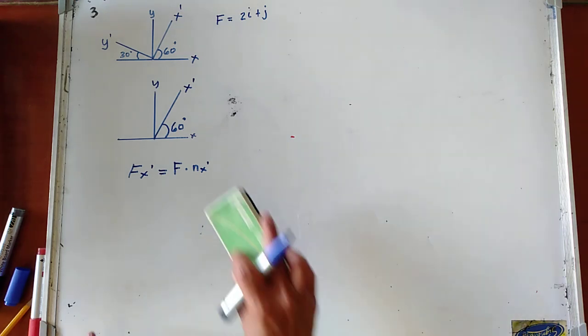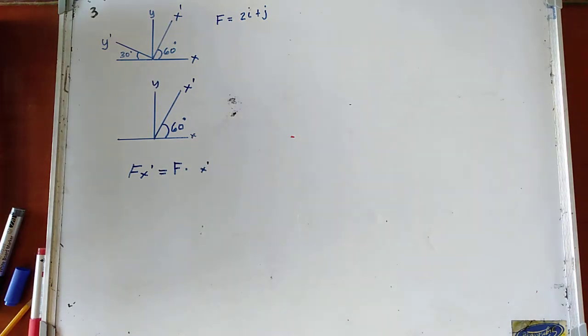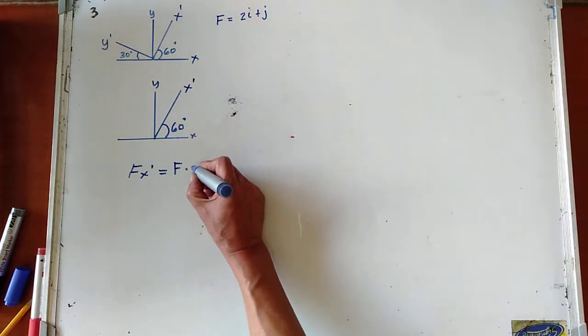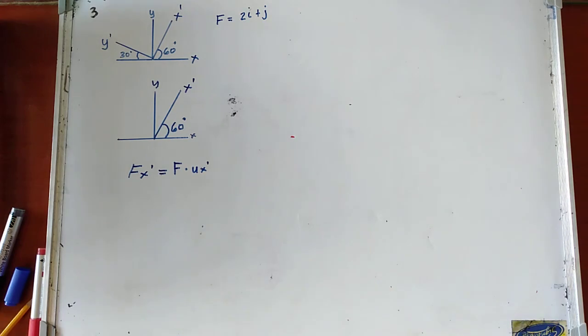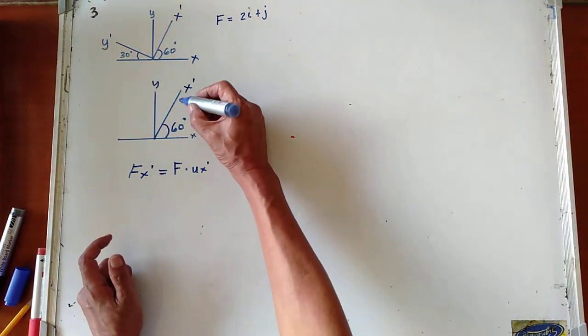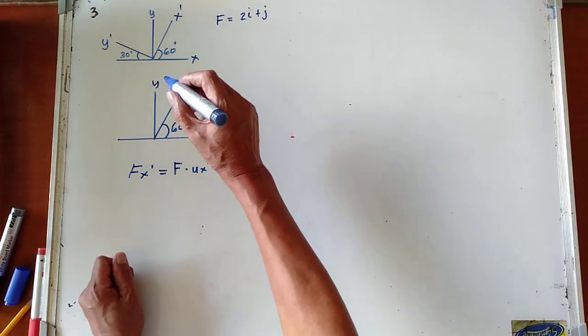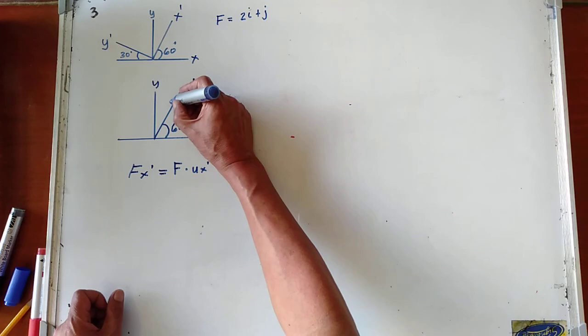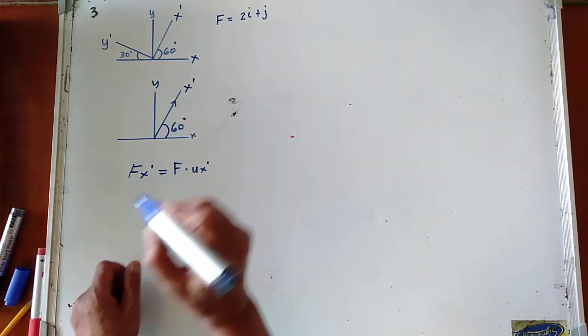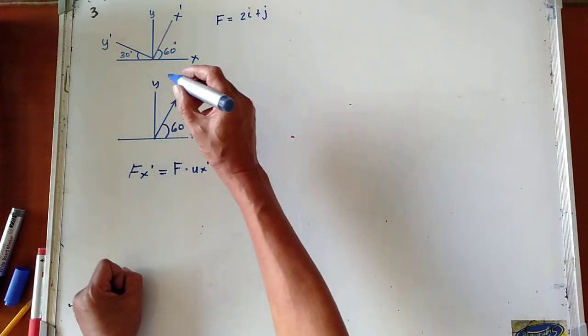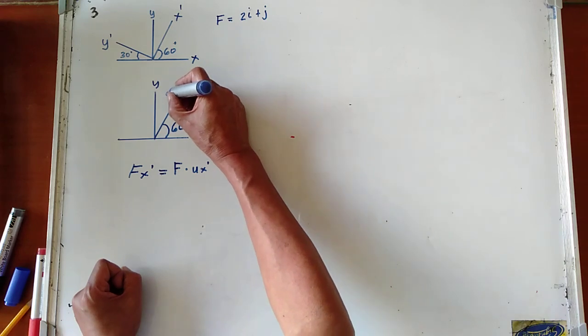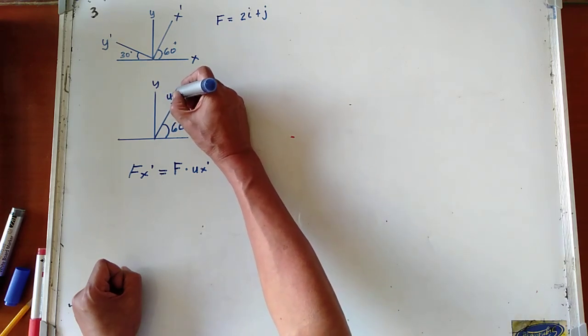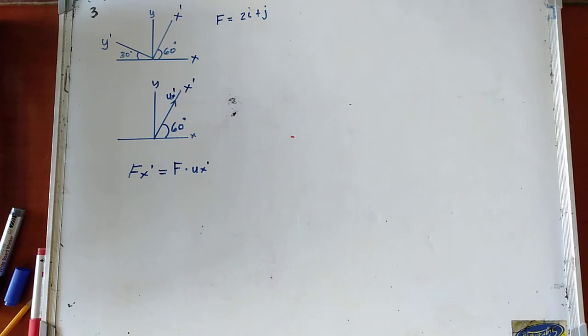So I'm just going to have the orthogonal unit vectors in the x prime. So this is your x prime. Let's try to determine a unit vector in the direction of x prime.